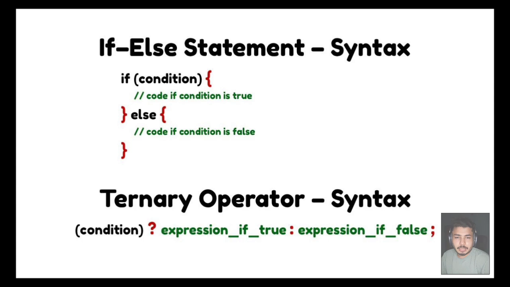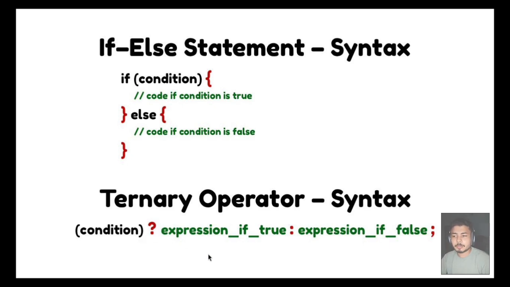The same scenario works in a ternary operation, but we can write it in a single line. Same as the if condition, we have a condition. If that's true, after the question mark we write the code to run; and the other statement, after the colon, runs when the condition is false.